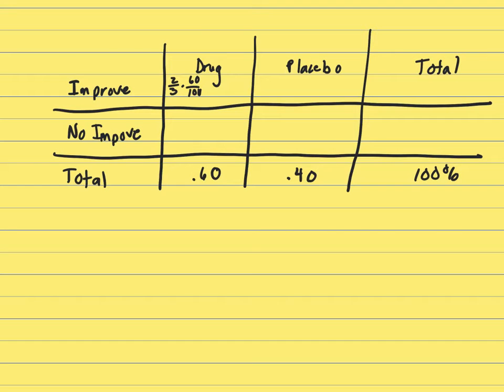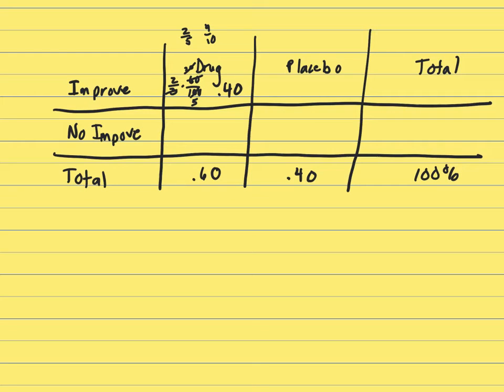And let me see, 3 would go into 60 20 times, and 20 would go into 100 5 times. That's 2/5. And 2/5 is the same thing as 4/10, 0.4, so that's going to be 40%, 0.40.